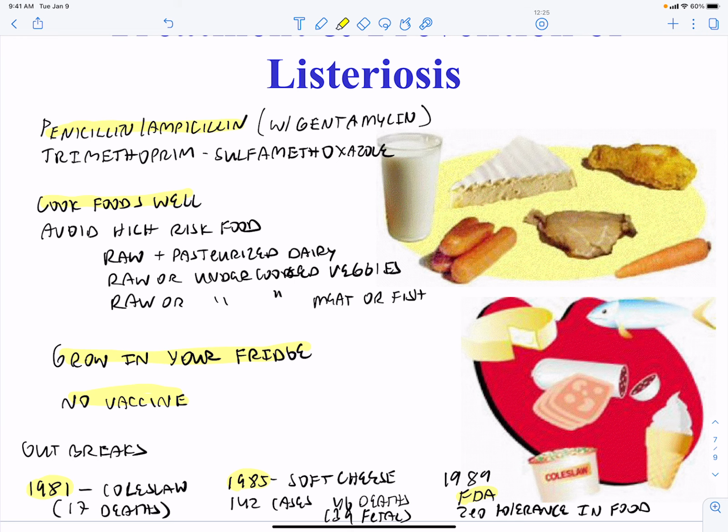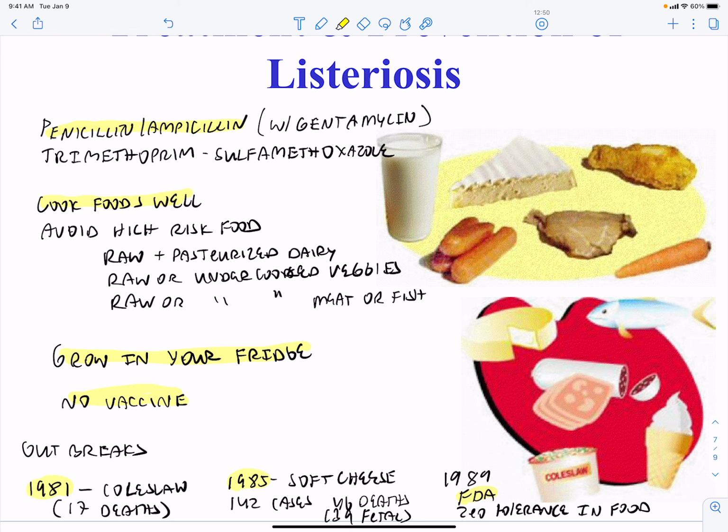There, of course, have been more outbreaks since 1985. There was a large outbreak of hot dogs in which you had 79 cases in 17 states across the United States, including 21 deaths with 2 fetal deaths as well. And that was in 1999. And there have been other, a more recent one was 2011.